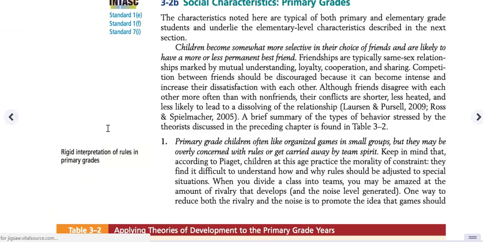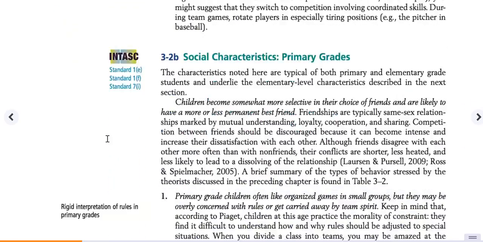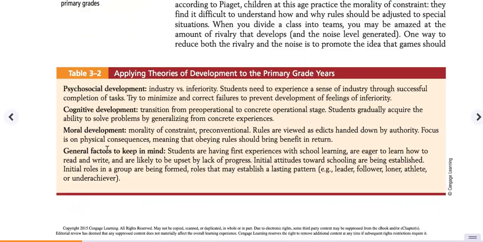To review the chart, applying theories of development to the primary grade years. Psychosocial development: industry versus inferiority. Students need to experience a sense of industry through successful completion of tasks. Try to minimize and correct failures to prevent development of feelings of inferiority. Cognitive development: transition from pre-operational to concrete operational stage.